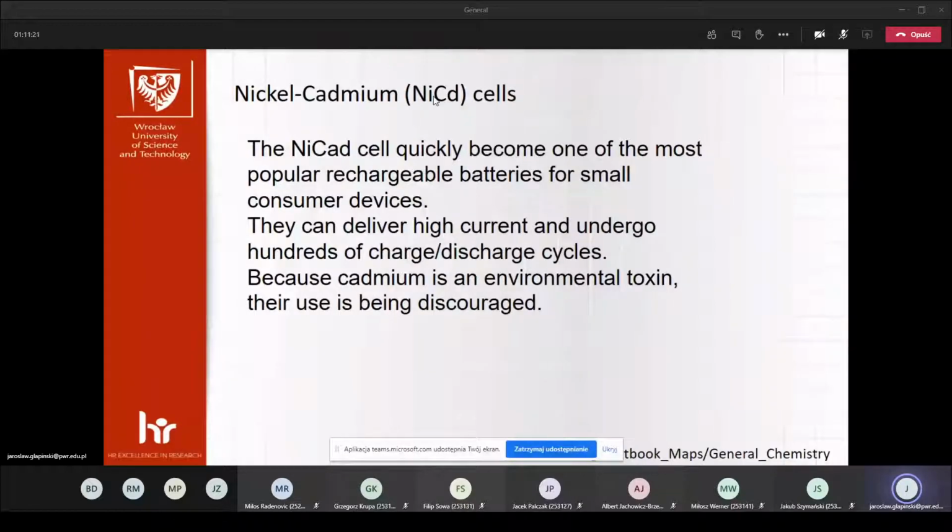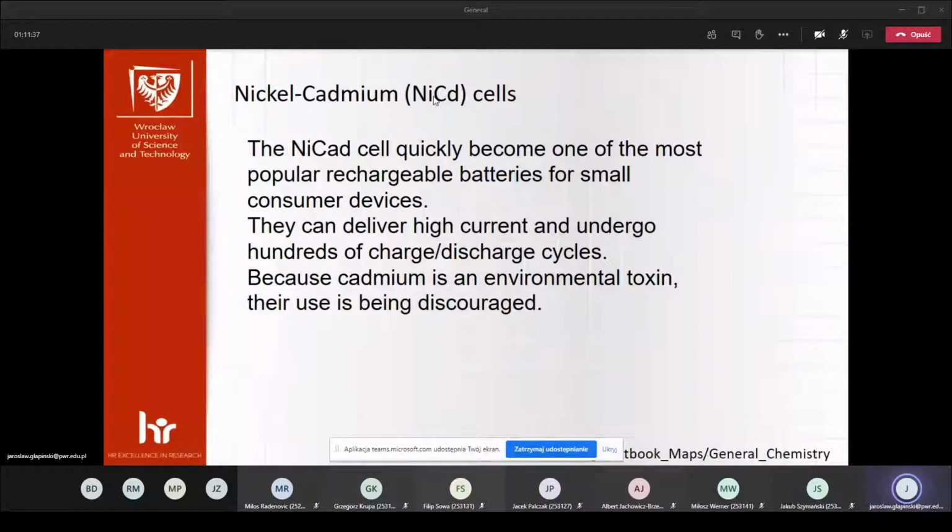Yes, and this is the chemical process that allows us to build a high efficiency element that could store the energy.